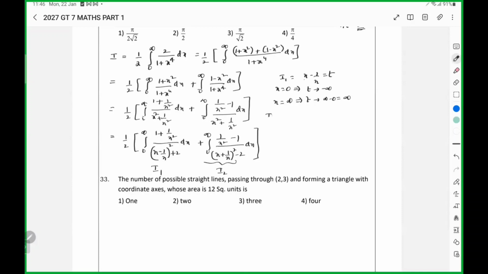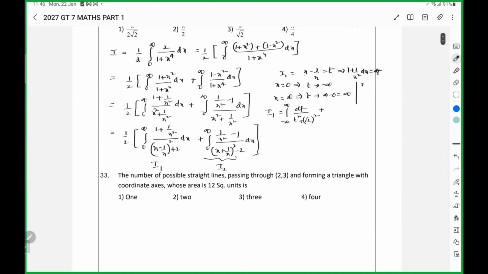The first integral will convert to minus infinity to infinity, where 1 plus 1 by x square dx is dt, so dt by t square plus 2. For the second integral, I will take x plus 1 by x as m.